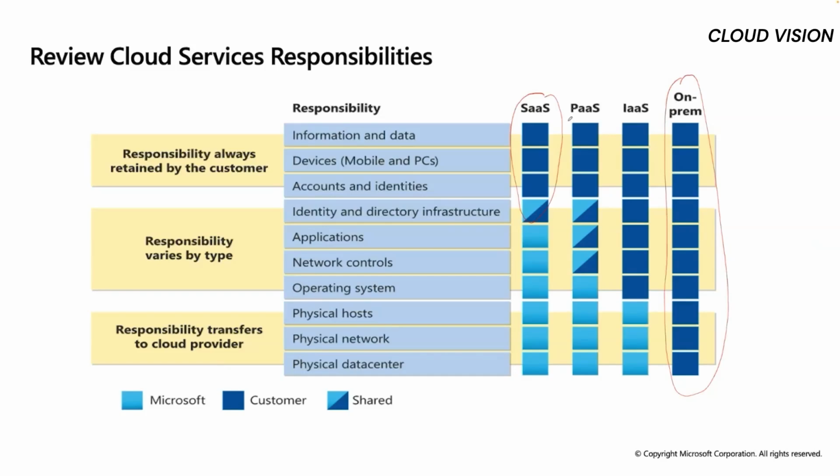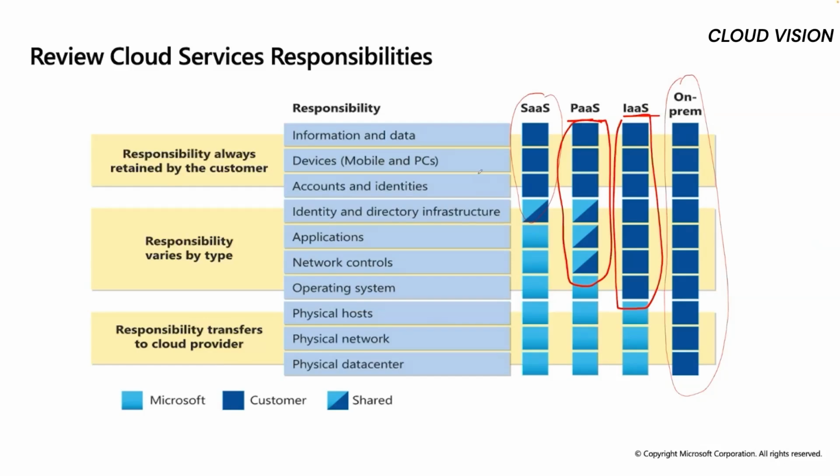But when you go with PaaS and IaaS, in that situation, your responsibility is grown compared to the SaaS platform, but it's kind of reduced compared to infrastructure as a service. So you can literally see what responsibility falls on you.